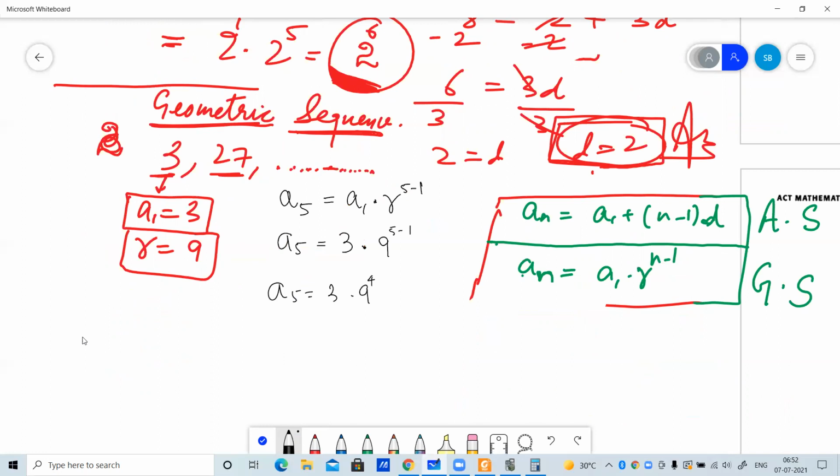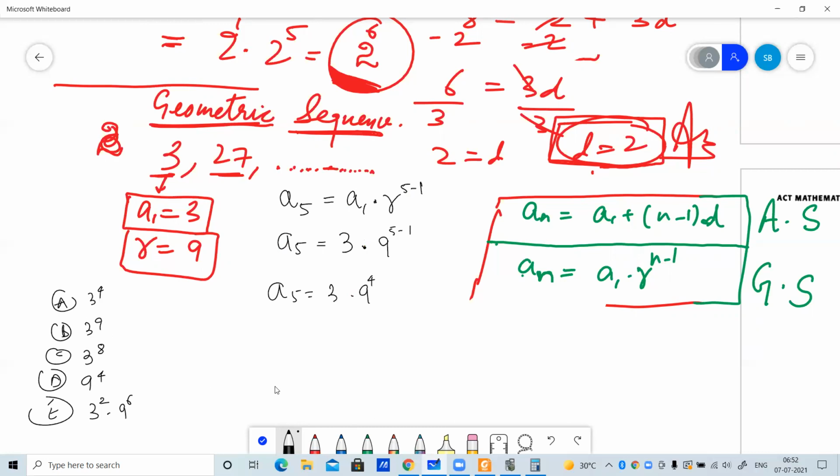If this is not your answer, you have options: option A, option B, option C, option D, option E. The first option is 3 to the 4, the second option is 3 to the 9, the third option is 3 to the 8, the fourth option is 9 to the 4, the fifth option is 3 squared times 9 to the 6th.